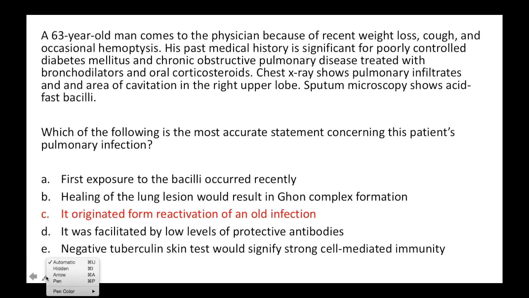So, it's also important to note here that with the chest x-ray findings, you have the pulmonary infiltrates and an area of cavitation, especially in the right upper lobe. So when we're talking about cavitation, we know it's not a primary infection.